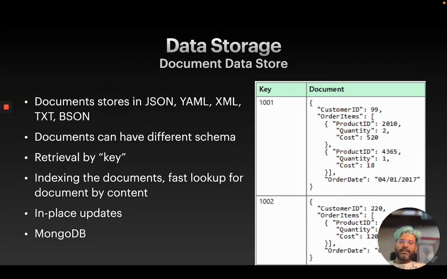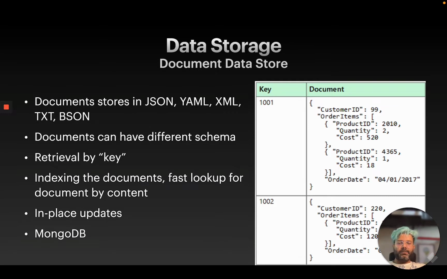In most cases, the documents are indexed for fast lookup and also for providing some sort of a filtering or querying option based on the attributes present inside the document. In certain other cases, there are in-place updates happening, which means that, taking this example, if you want to update the quantity of product that has been ordered, you don't need to update the entire document.